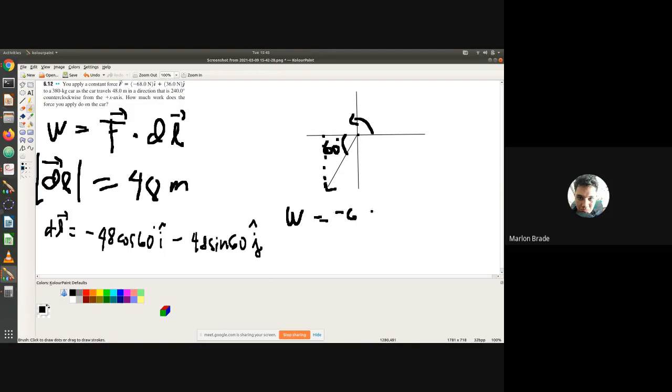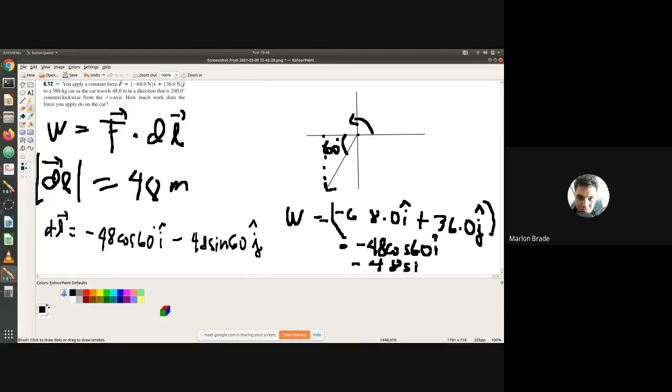So you take the dot product of this with dl. It's a bit long. We have negative 48 cosine 60 i-hat minus 48 sine 60 j-hat.